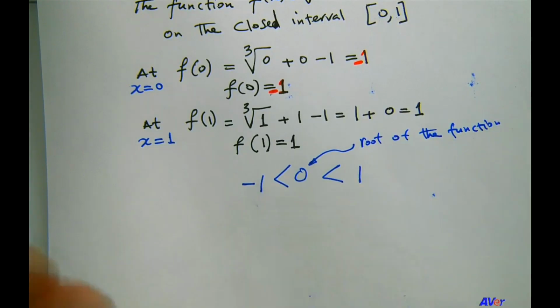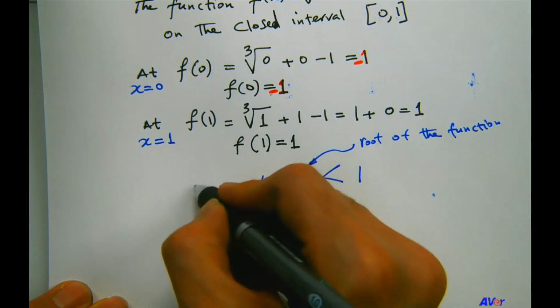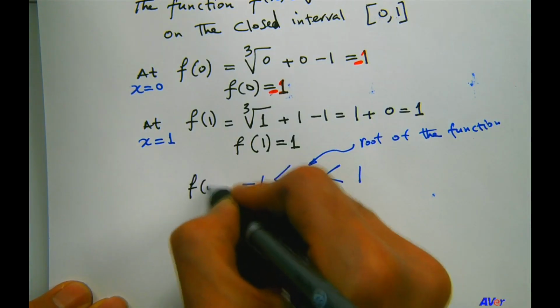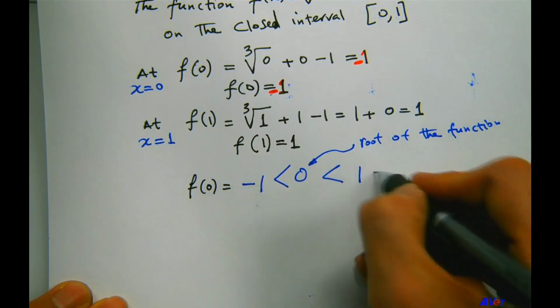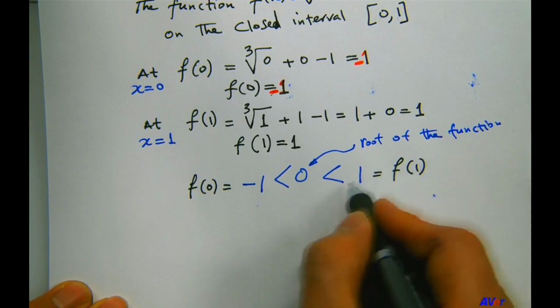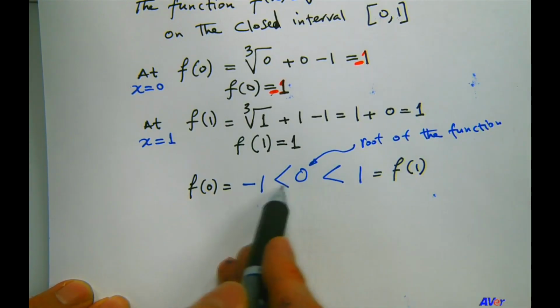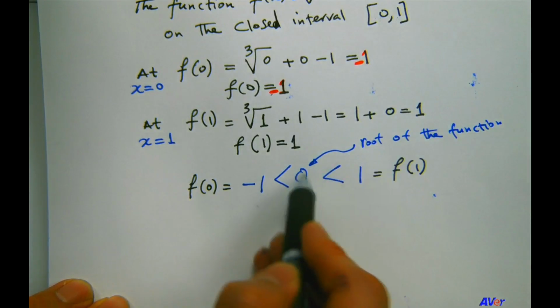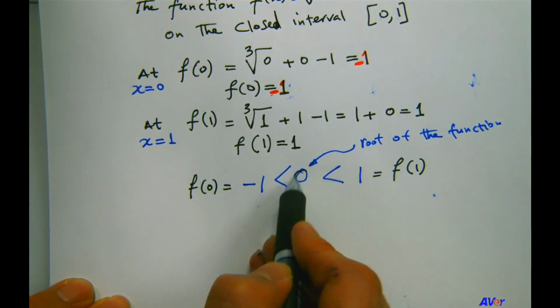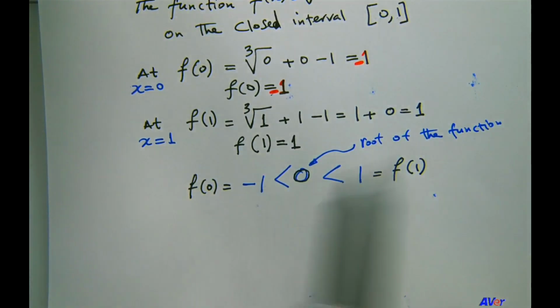And on this side, what did we have? We have f of 0, and f of 0 is equal to negative 1. On this side, what do we have? We have f of 1 equals 1. So we must have the function equaling 0 between negative 1 and 1. It's obvious, right? Because the function is continuous.